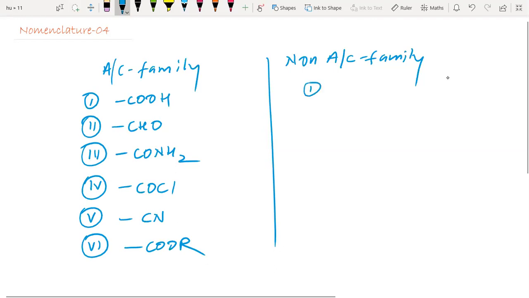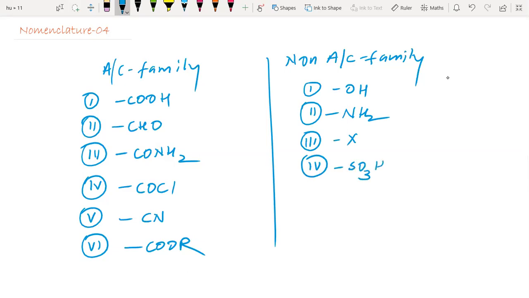Before that, I'll write the non-AC family, like we have alcohol, amines, halogen, sulfonic acid, nitro group, ether and ketone.